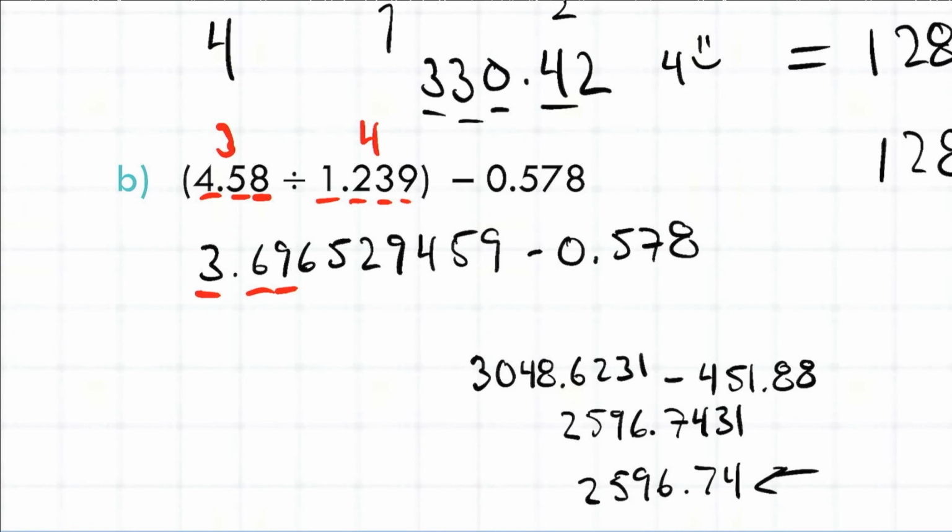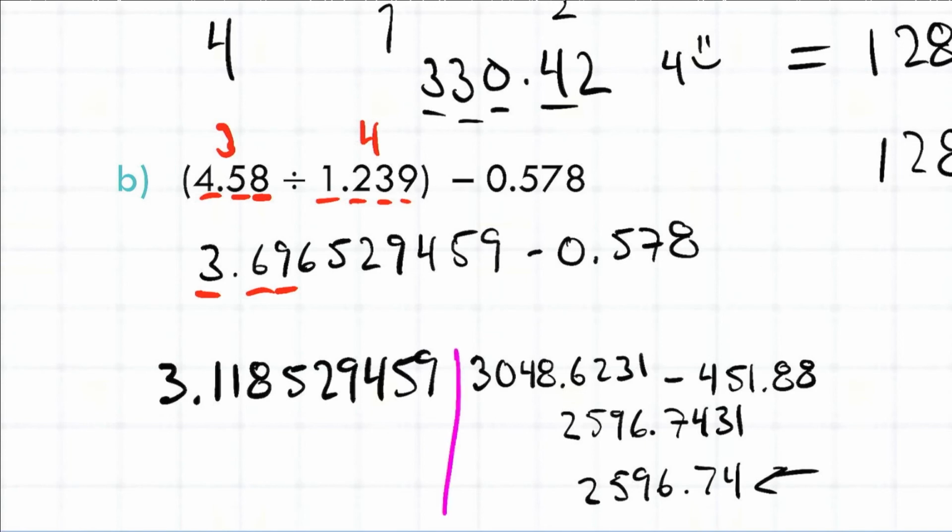So we'll now do this whole number minus 0.578. And we'll get 3.1185294559.